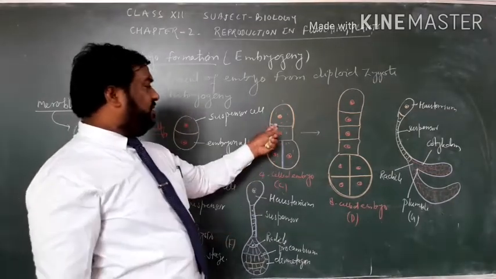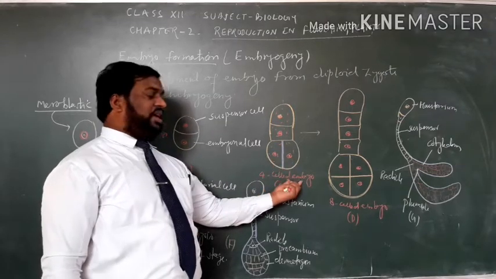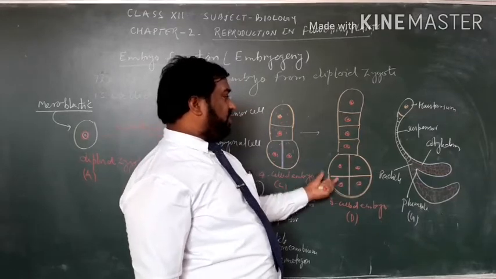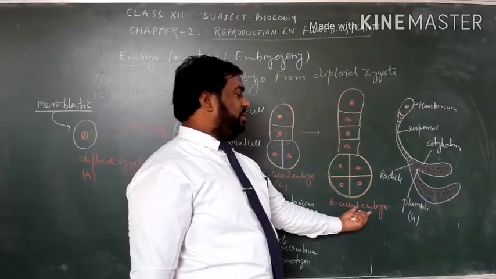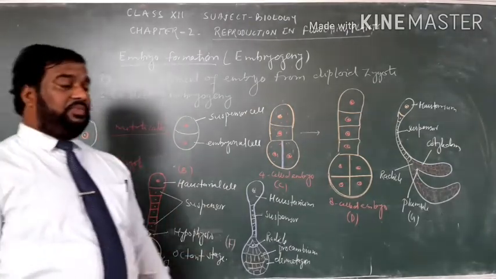Further it divides by transverse division and longitudinal division. This is a 4-cell embryo. Again transverse and again transverse. So this is an 8-cell embryo. Now further proceeding like that.